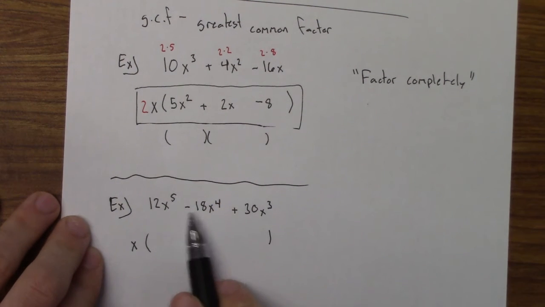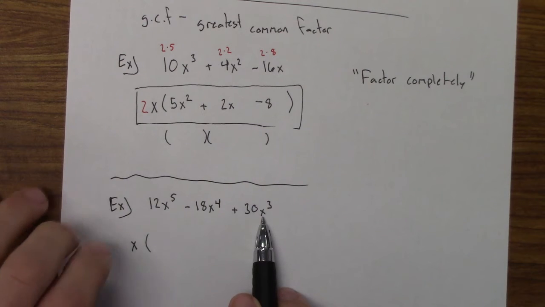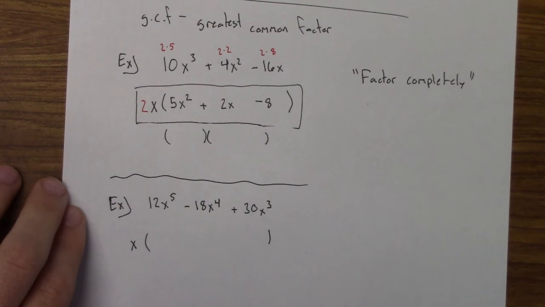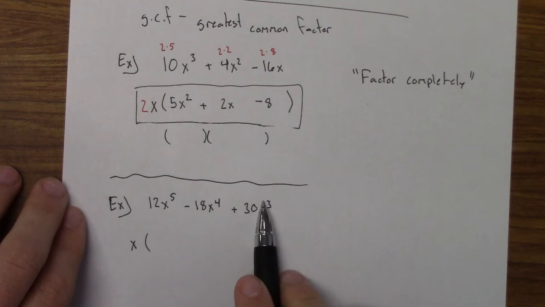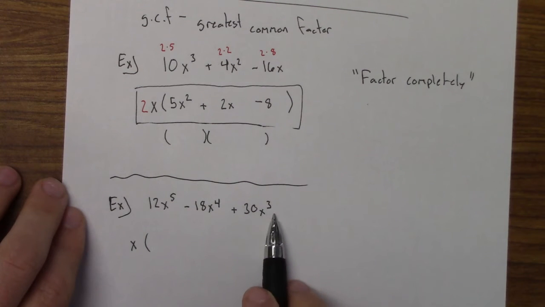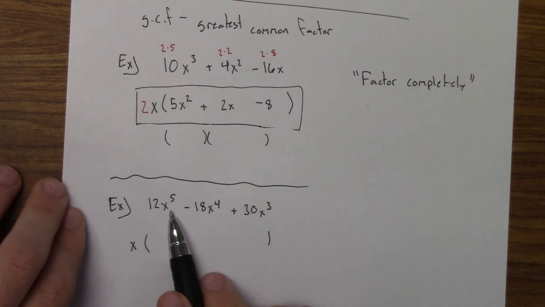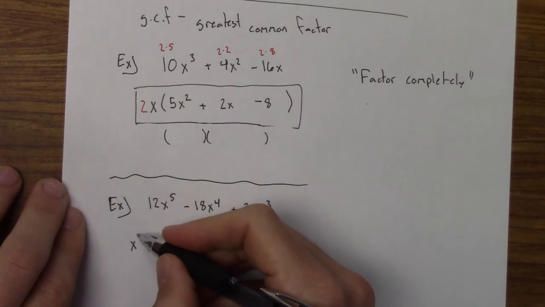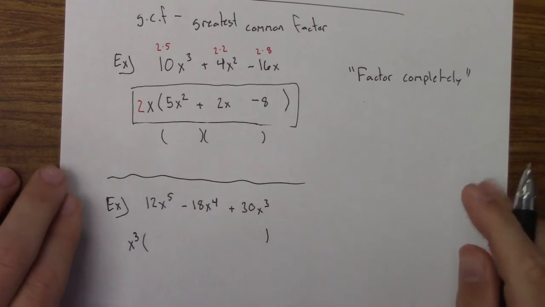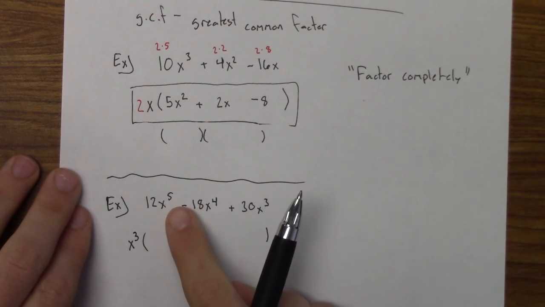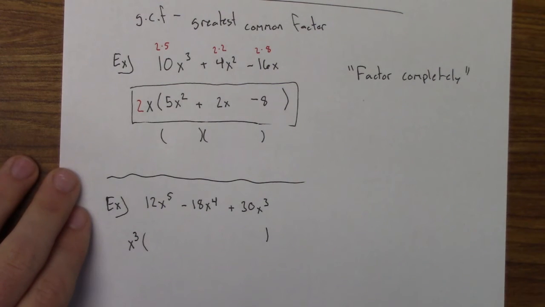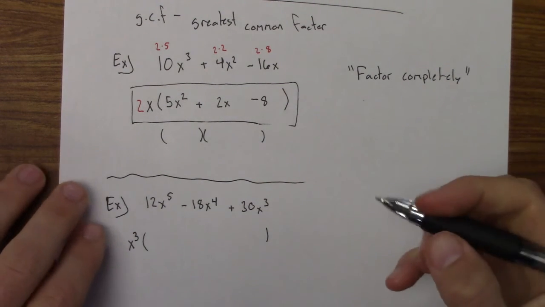Sure enough, I have an x, I have an x, I have an x. However, I can get a little bit more precise than that. Right here, I have not one, but 3 x's. This one has 4, this one has 5, which means I can pull all 3 out because I'm still going to have 3 x's in each spot, so I have x's to remove.